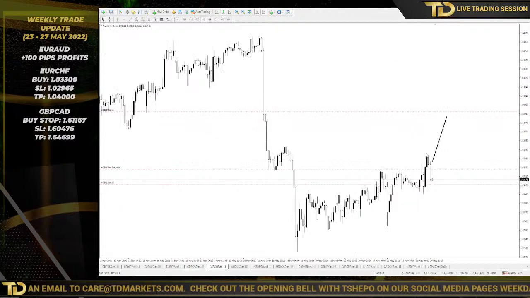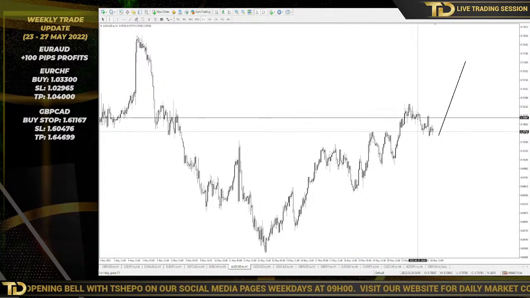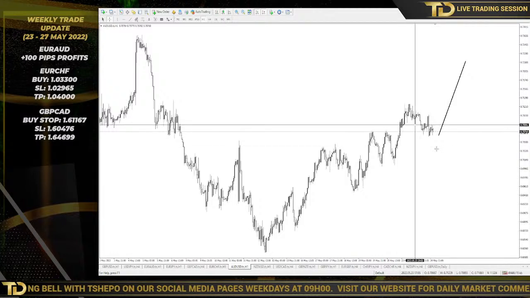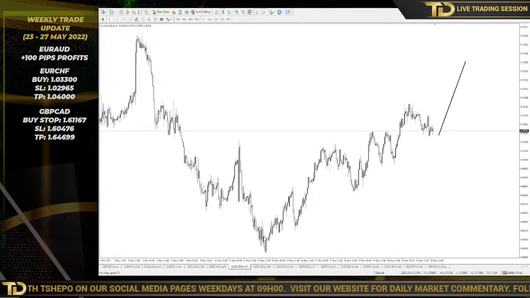And EURUSD, we're still at it, right? It just came back down, expecting this to continue to the upside again. And then AUDUSD, we spoke about a possible buy. The market is still pushing to the downside, so we are watching this carefully for some buy opportunities.